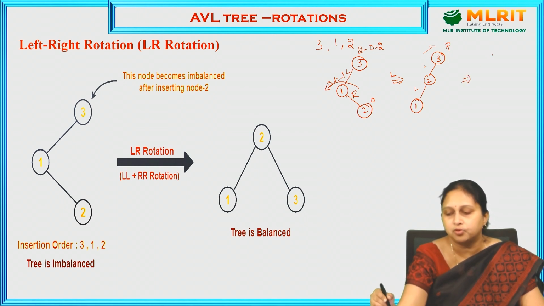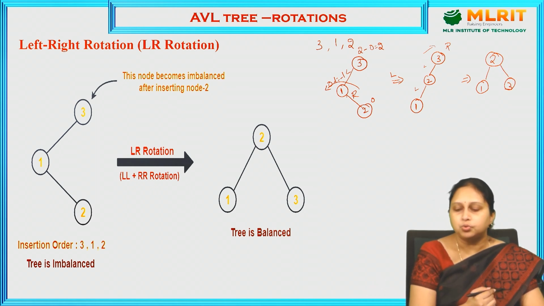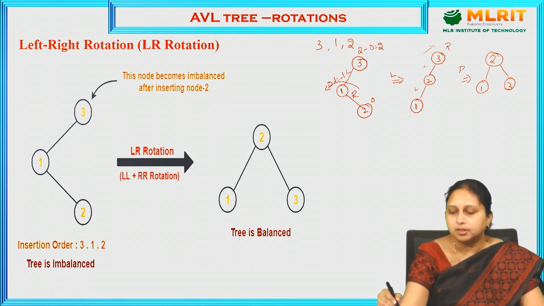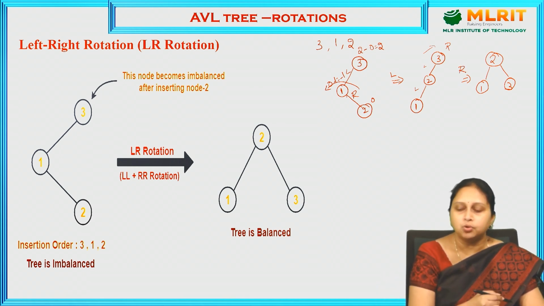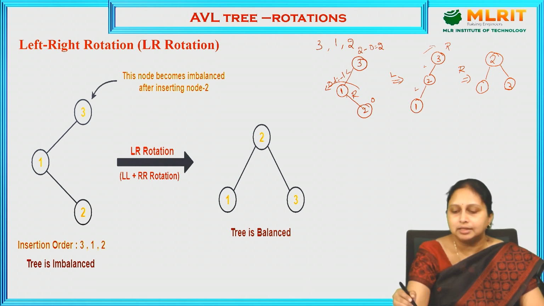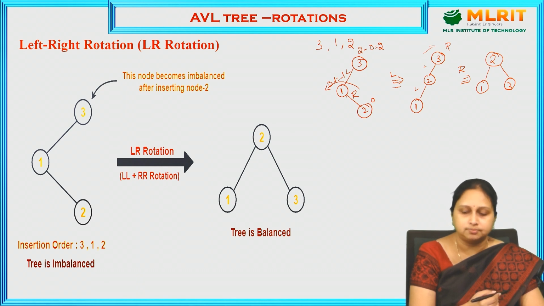When I perform the right rotation, what you are going to get? 2, 1 and 3 after performing the right rotation. So the name of this one, we are going to name it as LR rotation.